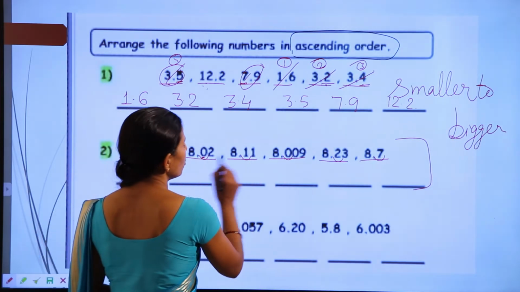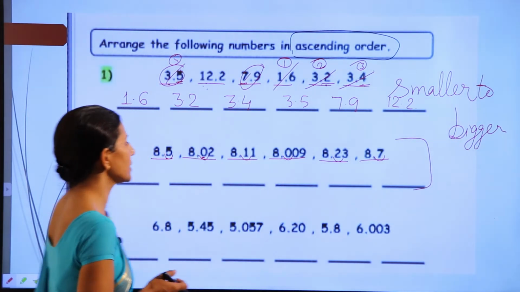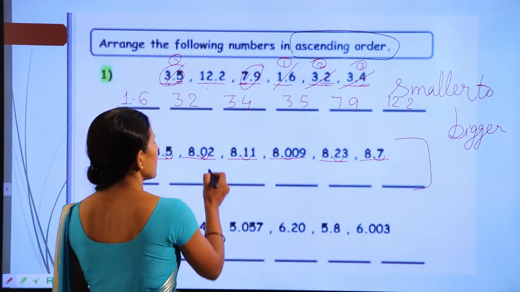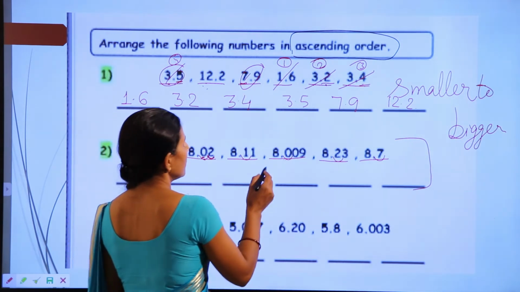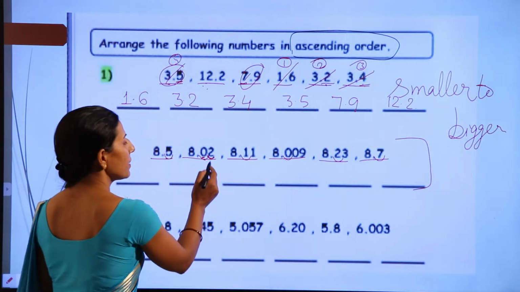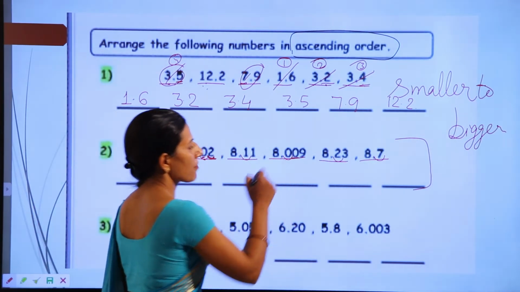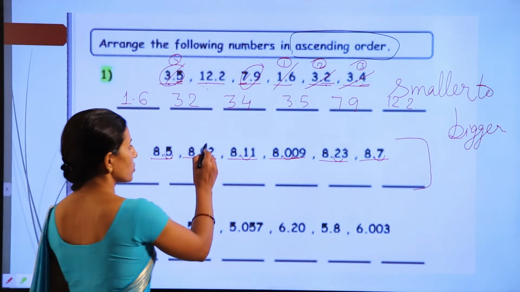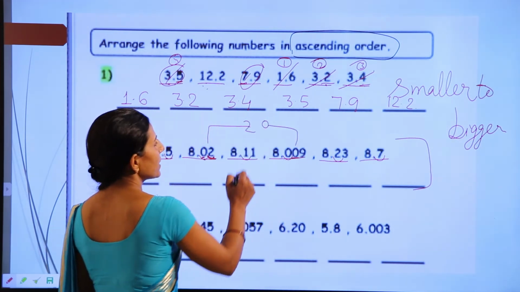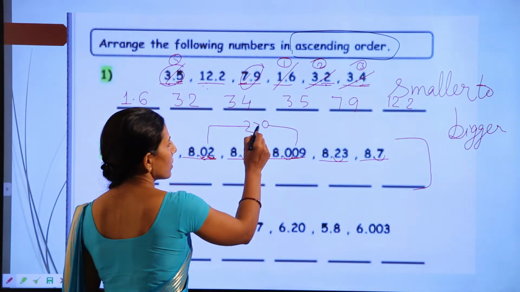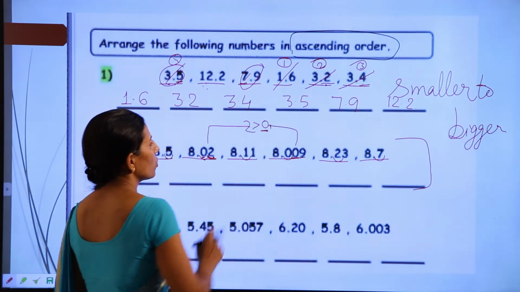But we have two numbers in which 0 is on the tens place. So what do we do now? Now we will check by the next number, or hundreds place. So here we have 2 on the hundreds place and in this number we have 0 on the hundreds place. So 2 and 0, out of the two, if we see, which one is smaller? 0 is smaller, right? 0 is smaller.